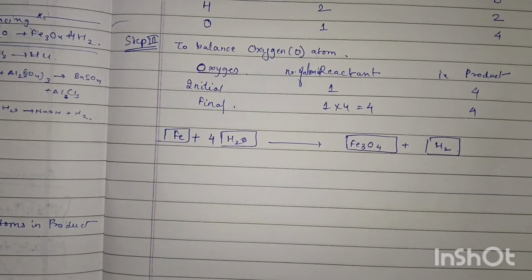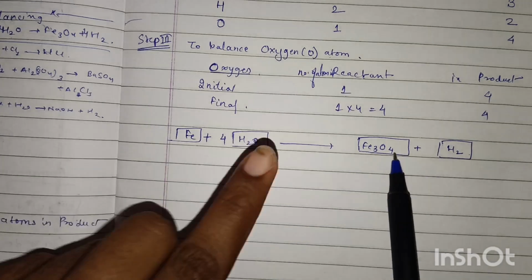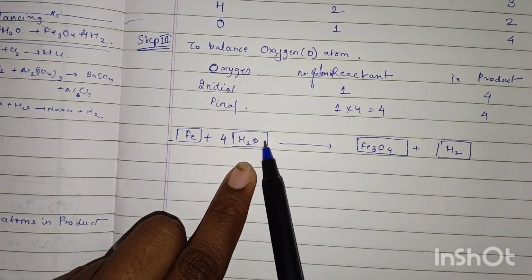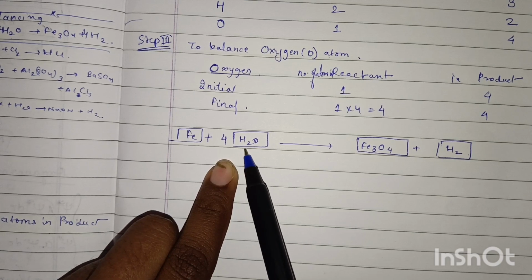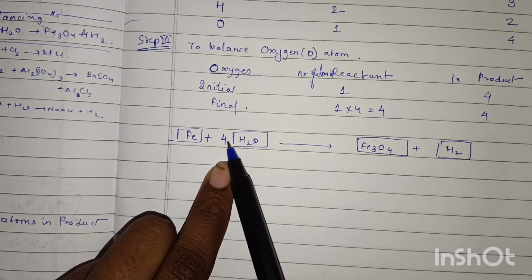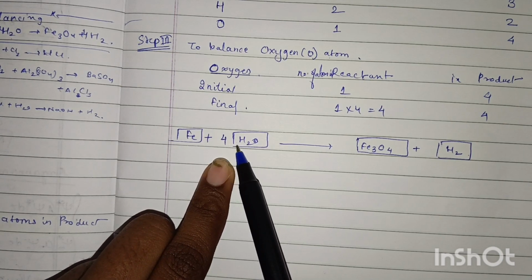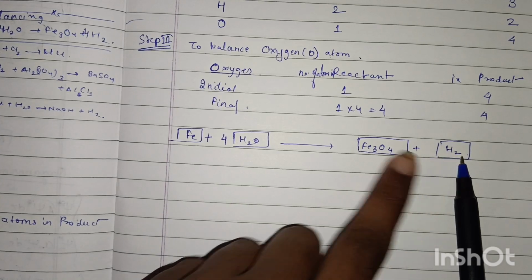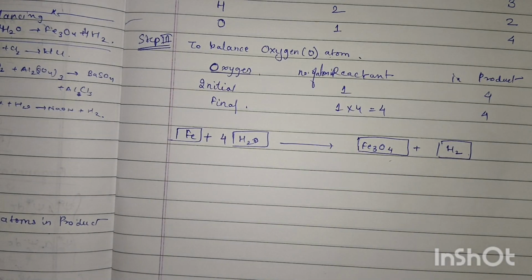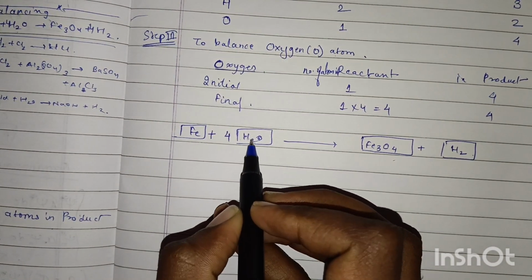Now you can see oxygen is balanced on both sides, but hydrogen got disbalanced, like here it is 4 into 2, 8, and here only 2, so we had to multiply this also. So the number of atoms has changed again. Now hydrogen has to be balanced.